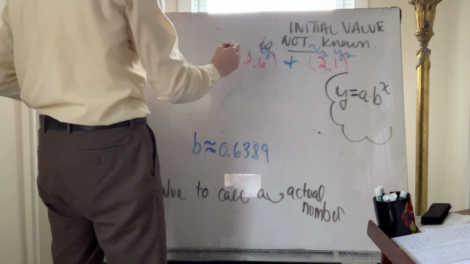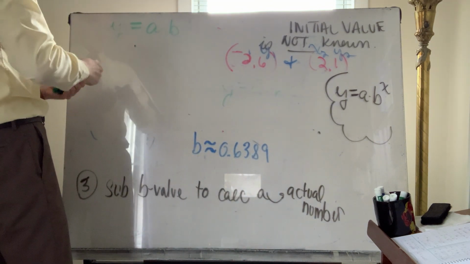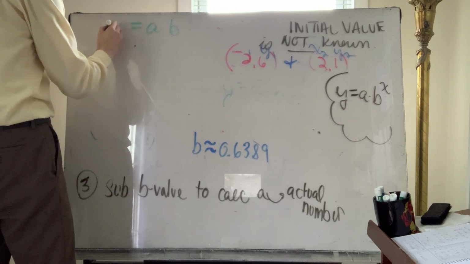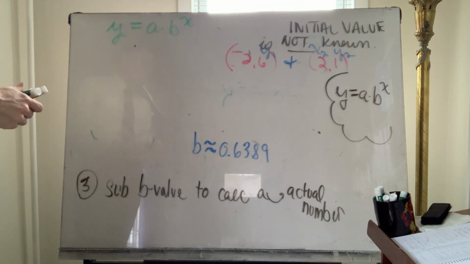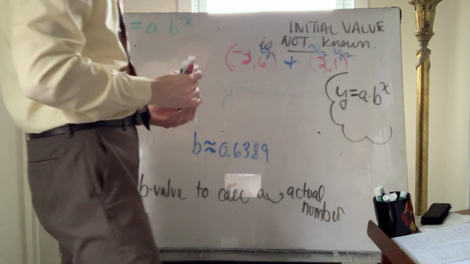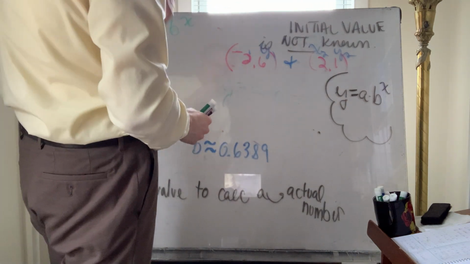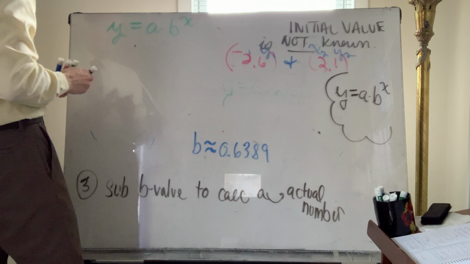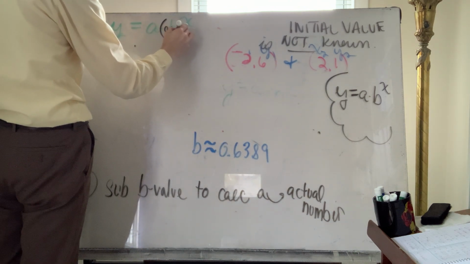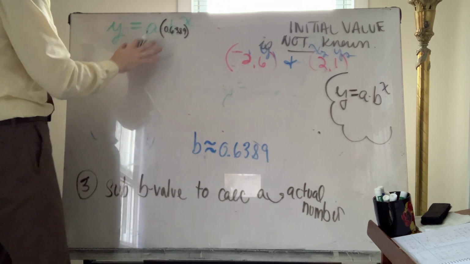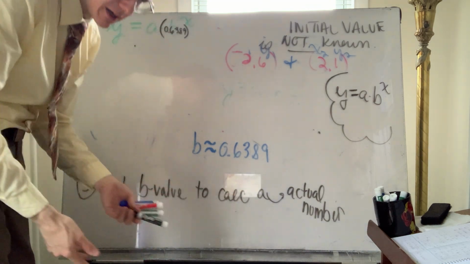Sorry, I erased a little too much there. Of y equals a times b to the x. And for sure, you're going to have this much, 0.6389. To calculate the a, we're going to have that sort of a formula that I erased.